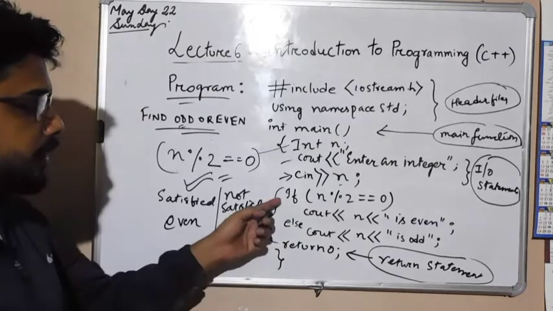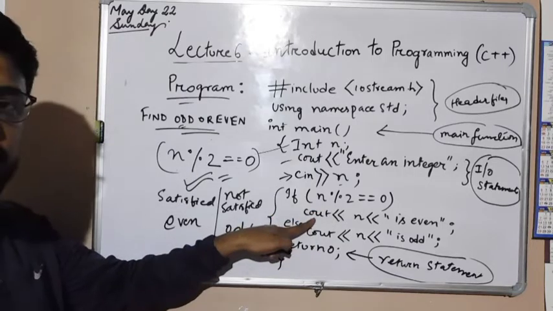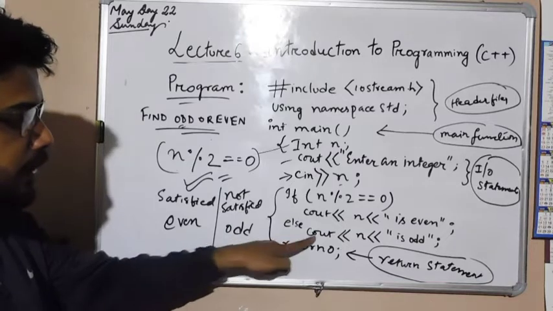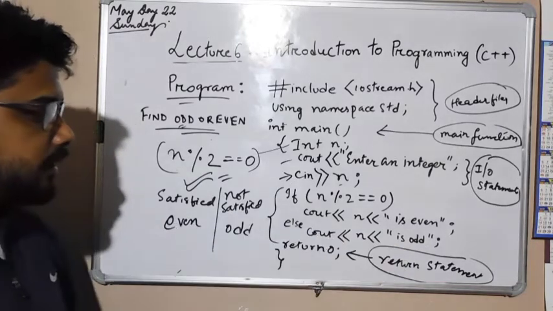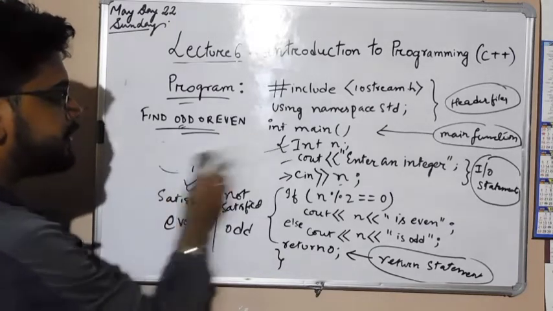If the condition is satisfied, this cout statement will be executed, and if not, it goes to the else part and that part will be executed. Now let's see how it works.